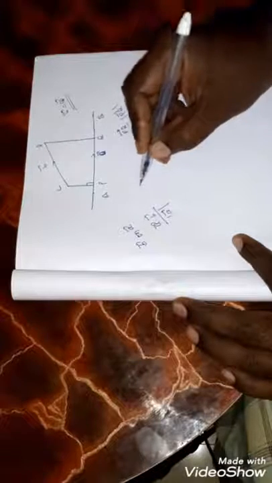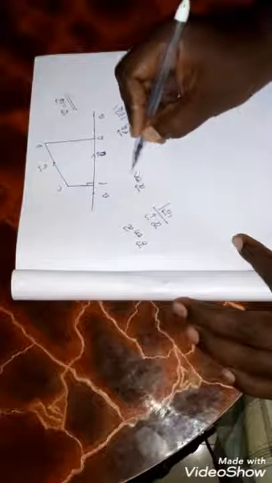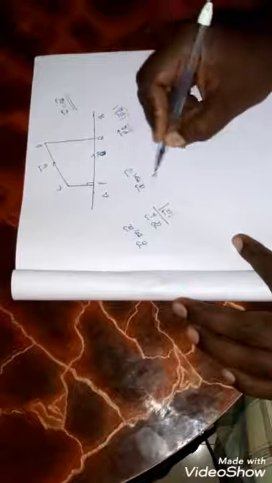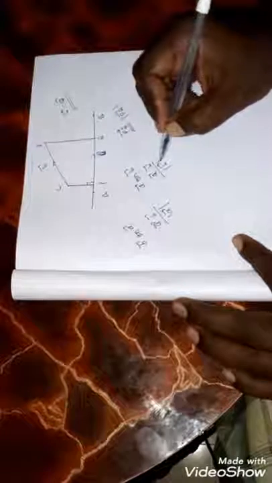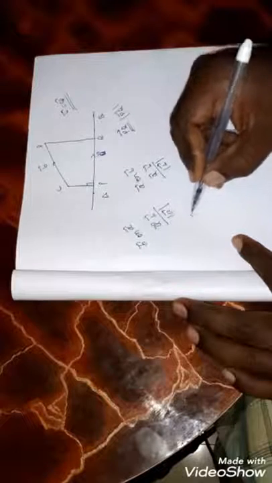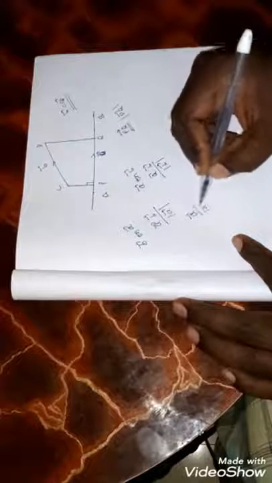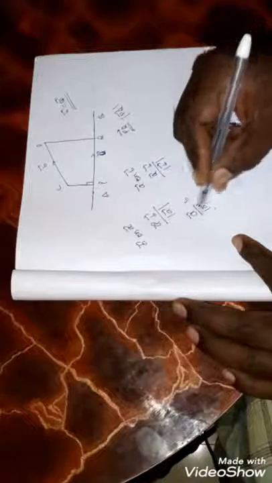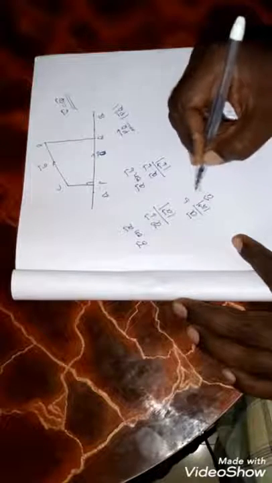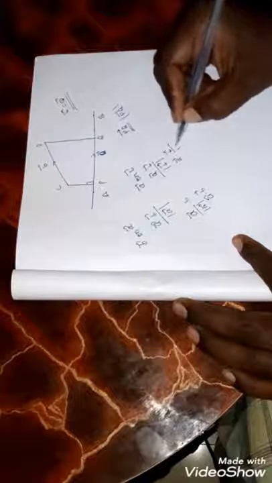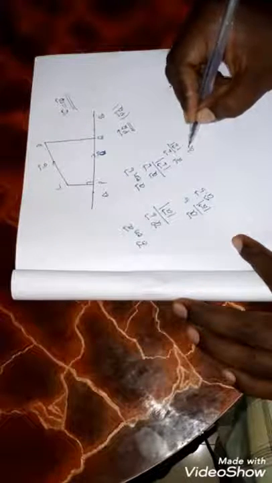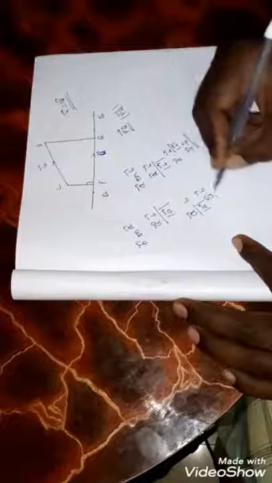At the same time, the projection of A bar on B bar is given by A bar dot B bar by modulus of B bar. That means, this one is A cap dot B bar, and this one is A bar dot B bar by modulus of B bar, that is nothing but A bar dot B cap. This is the projection of the vector.